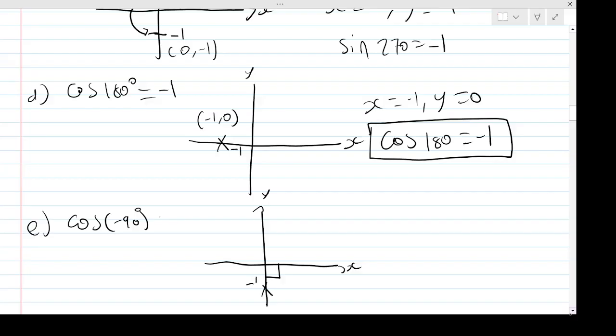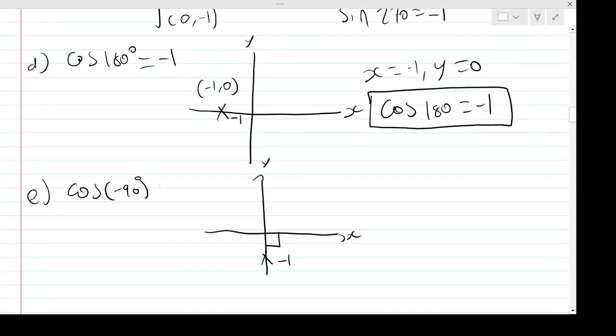So that'd be -1 down here, right? So then the point, well, x would be 0, and the y coordinate is -1 there, right? So again then, we've got the case when x is 0, y is -1. Well, x represents the cos. So that means cos of -90, which is that angle, would have to be 0 then, right?